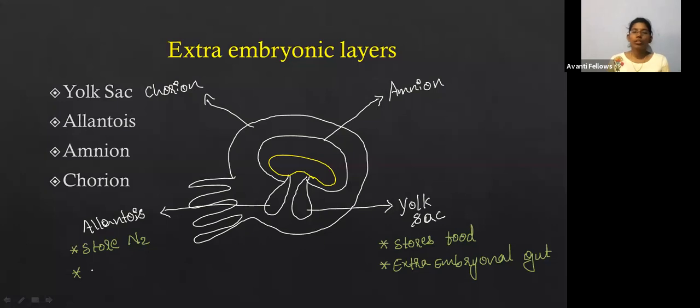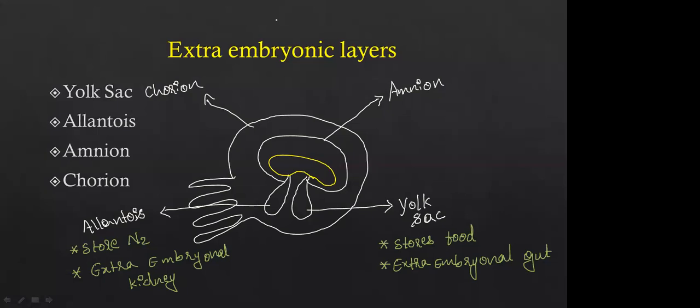Okay, so this allantois, yes, Prathamesh, great. So this acts as an extra embryonal kidney. It is going to take over the function of the kidney, but which is extra embryonal.